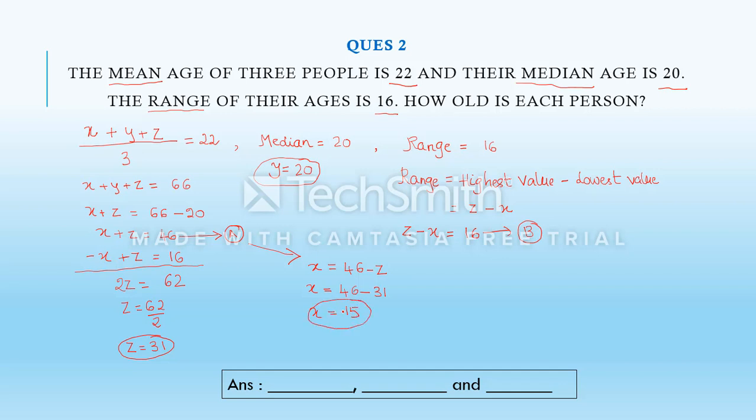So there you are. We have the answers to all the three ages, 15, 20 and 31. So there goes the answer into the answer box. The age of the first person is 15, followed by 20, and the last one is 31.